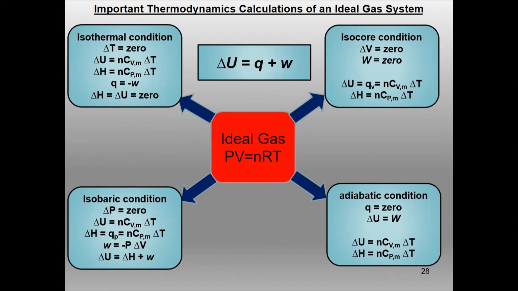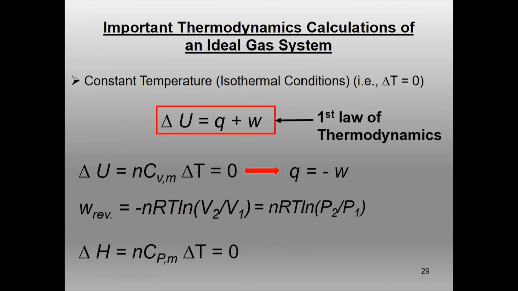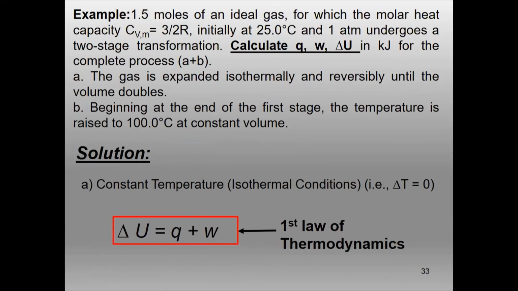All right, so the best way to understand these different models is to go over an example. You are given 1.5 moles of an ideal gas for which the molar heat capacity, CVm, is 3/2 R, initially at 25 degrees Celsius and 1 atmosphere, and it undergoes a two-stage transformation.